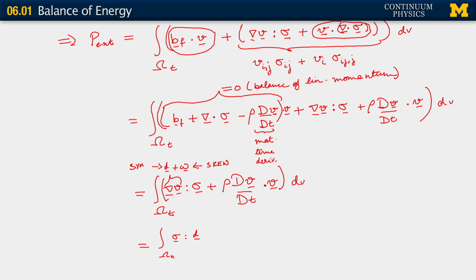Okay, what about the second term? We see that we can actually write out the second term as 1/2 rho d/dt of V square, right?